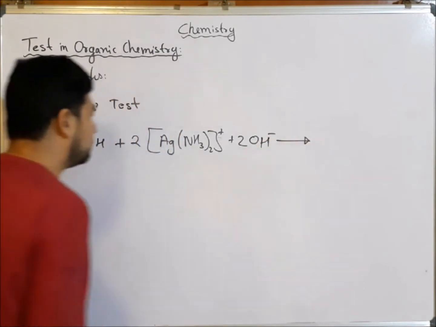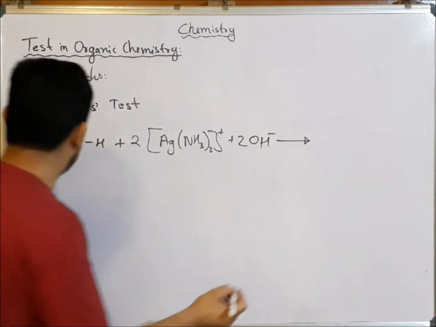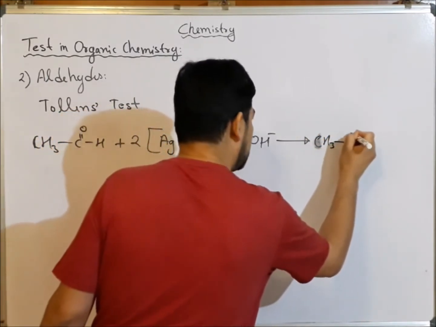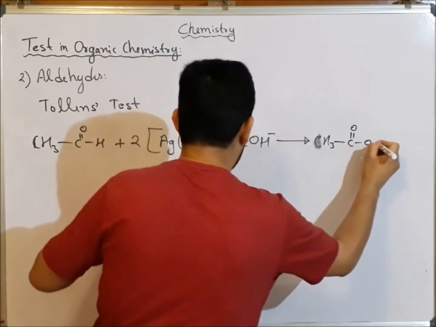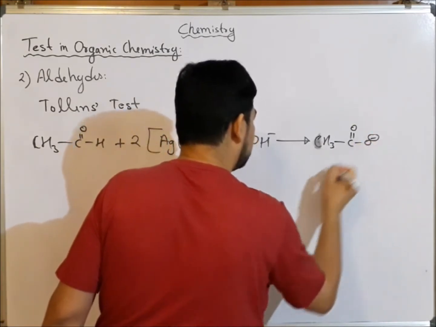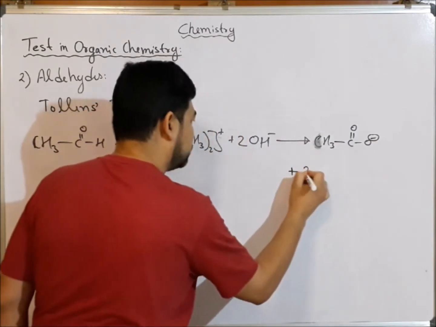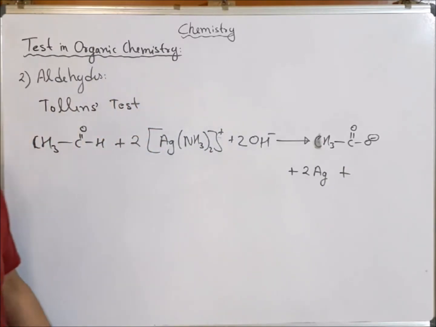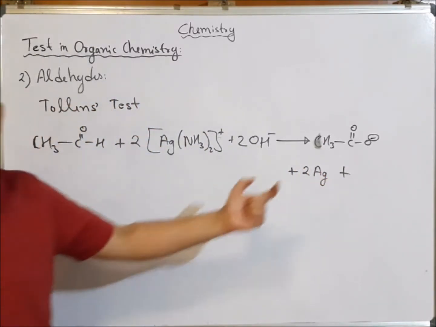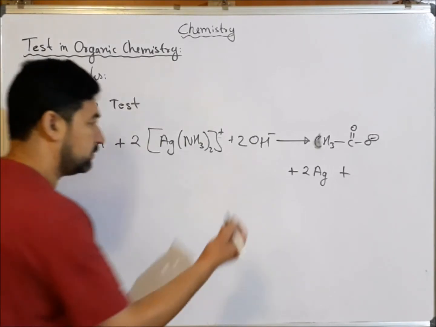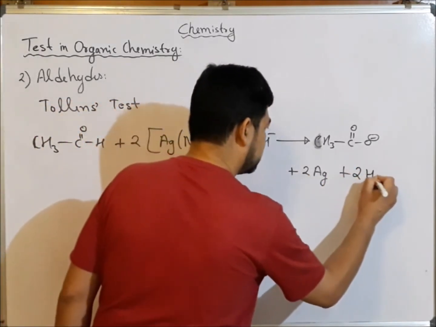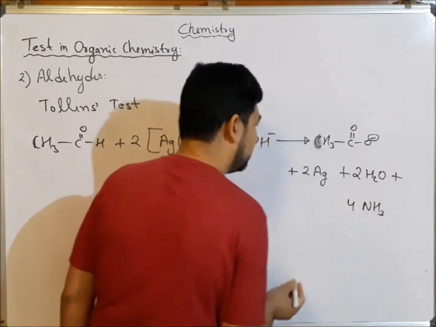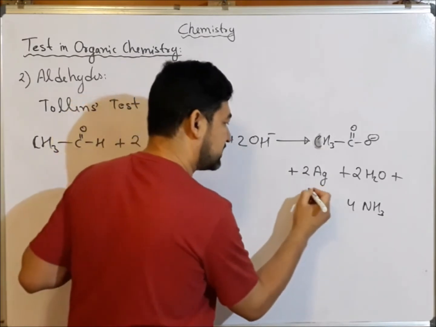This forms, remember, its product is CH3COO negative plus 2 molecules of silver, which forms a silver mirror, plus 2 molecules of water plus 4 molecules of NH3.